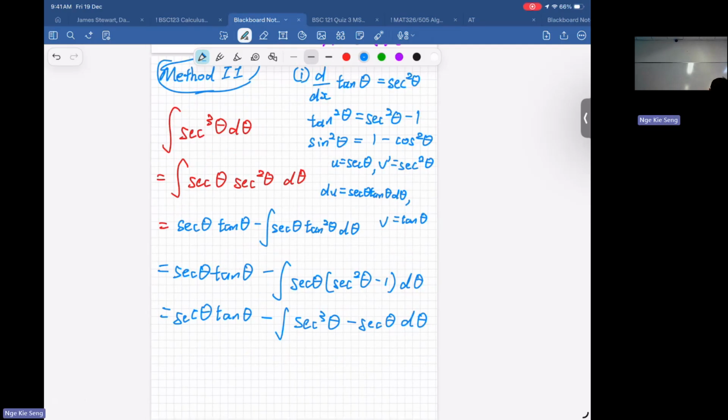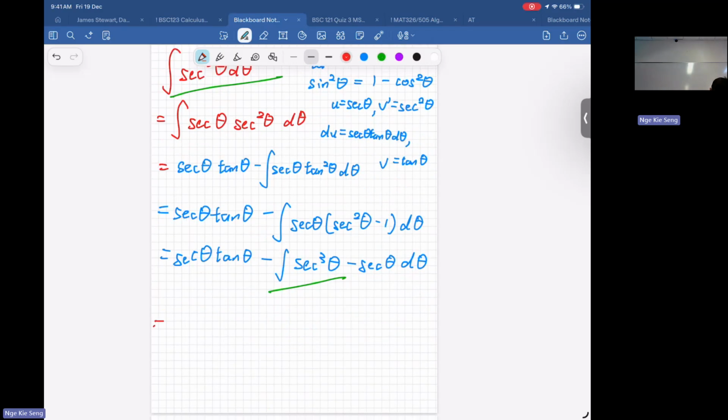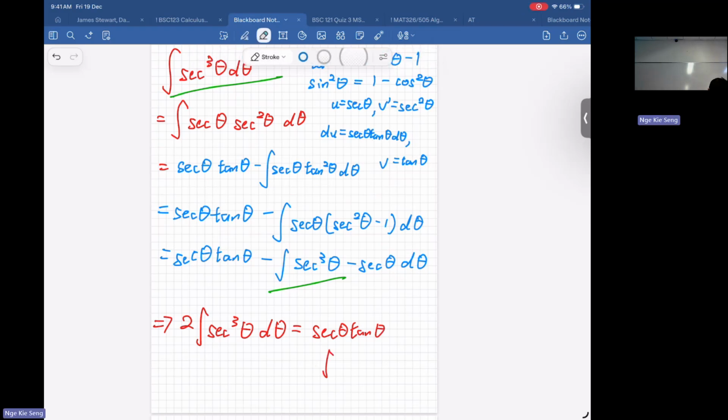You can see that this term appears again, right? So we can group these two terms together. Then we are left with secant theta tangent theta plus the integral of secant theta.